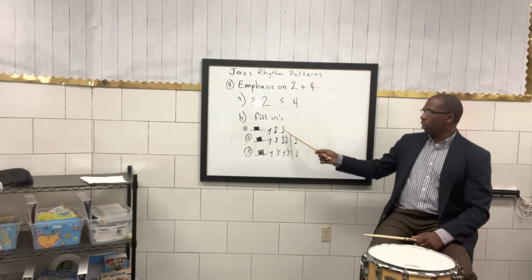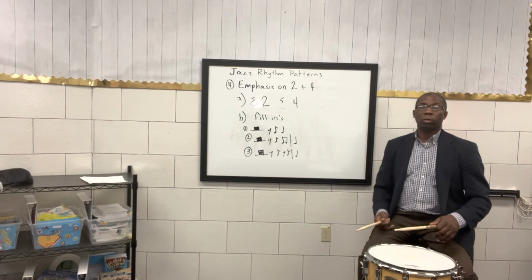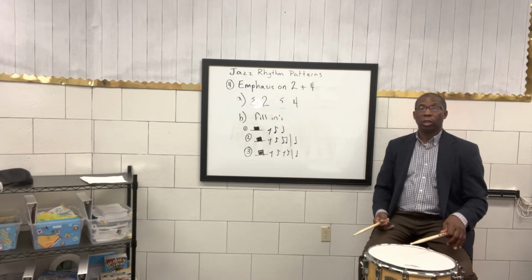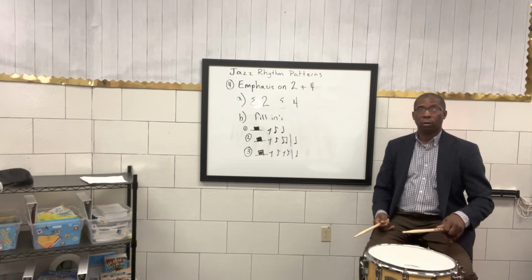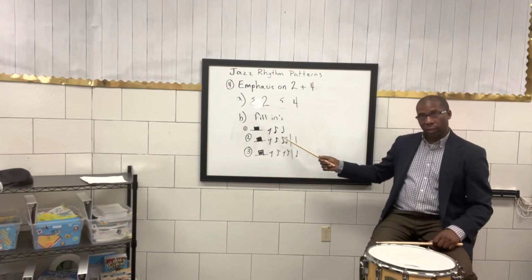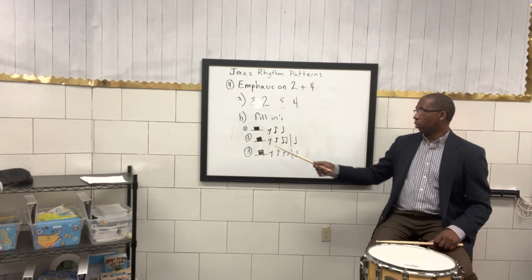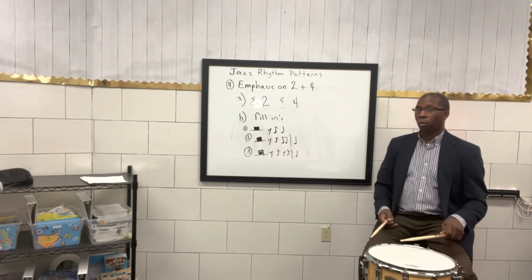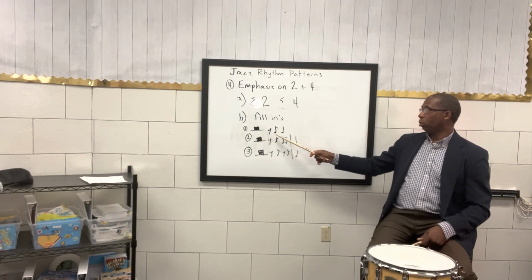But these are typical fill-ins that you'll hear. So it'll get very monotonous and boring if we just did 1, 2, 3 the whole time. But we need to have the fill-ins just to add variety. So this first fill-in goes like this. Rest, 2, 3. So rest, 2, 3, 4.